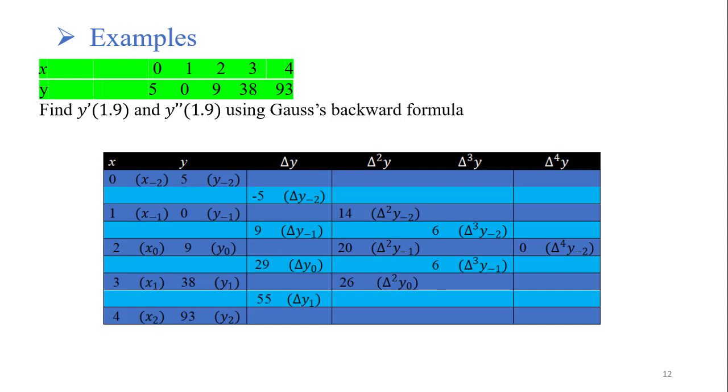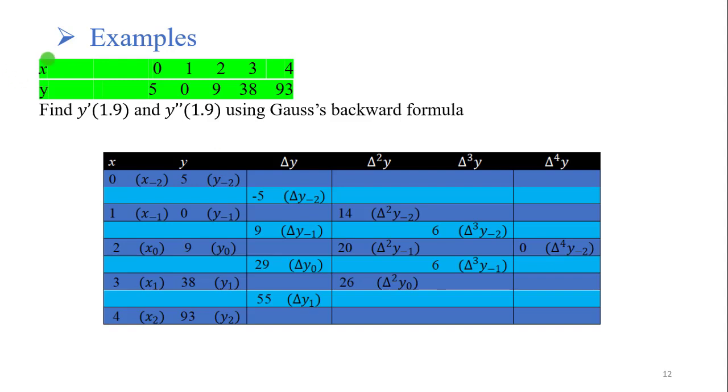So finally, we have learned about the first order derivative with the help of Gauss's backward interpolation, and similarly we derived the second order derivative with the help of Gauss's backward interpolation. So now we will use both to find the rate of change of given data near the center point.